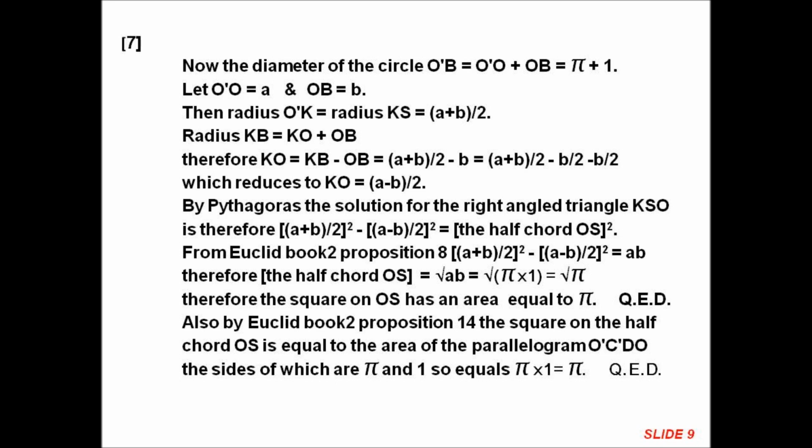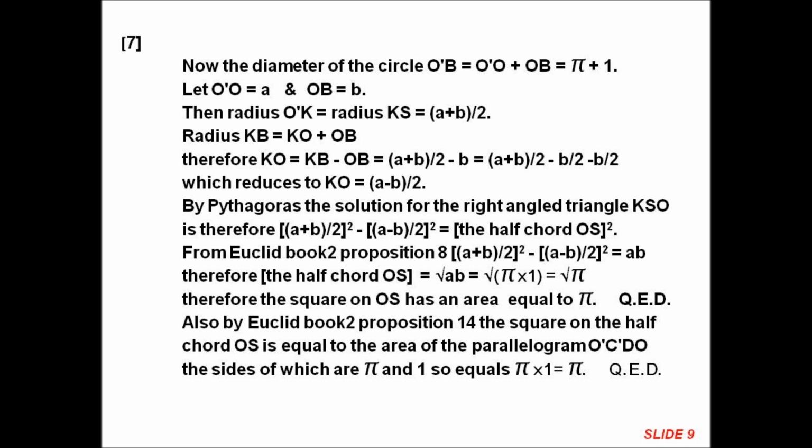Radius KB is equal to KO plus OB. Therefore, KO is equal to KB minus OB, which is equal to (A plus B) divided by 2 minus B, which is (A plus B) divided by 2 minus 2B divided by 2, which reduces to KO equal to (A minus B) divided by 2.